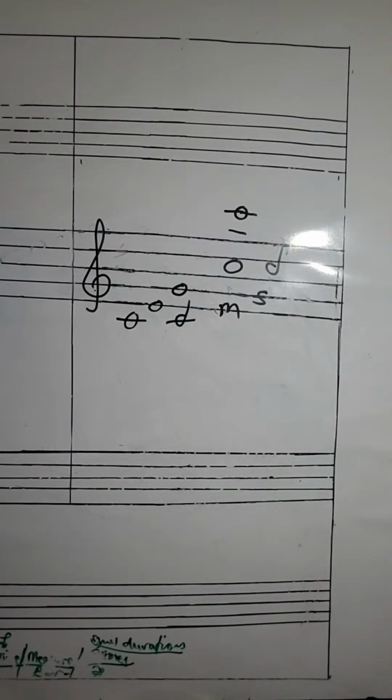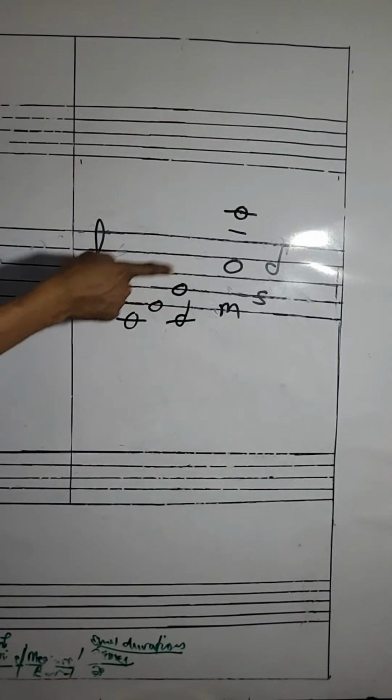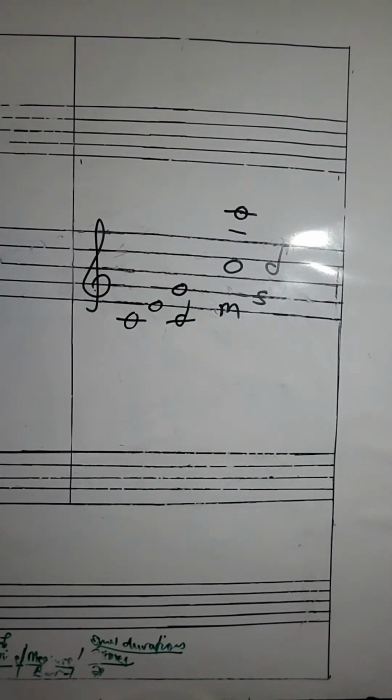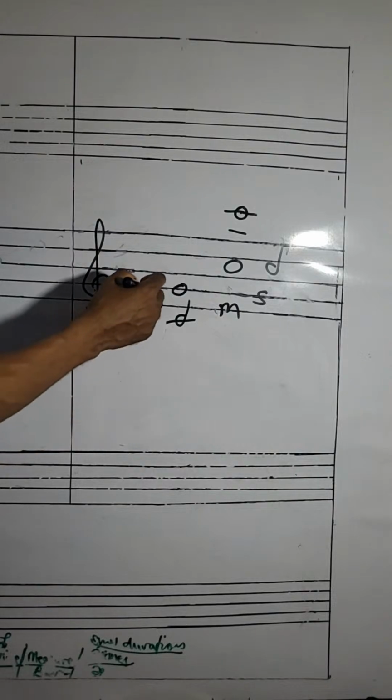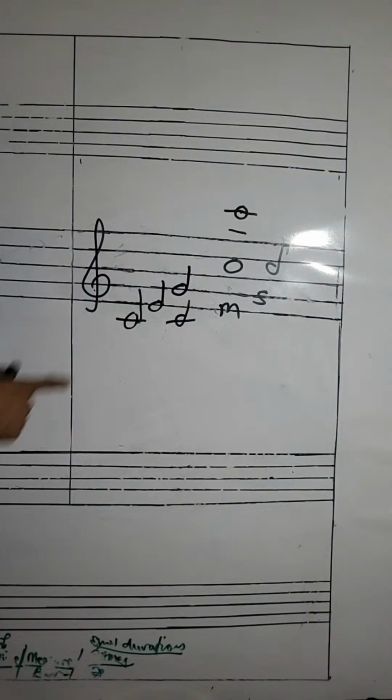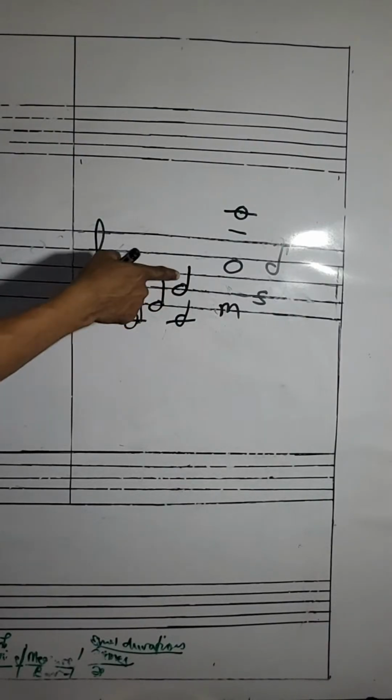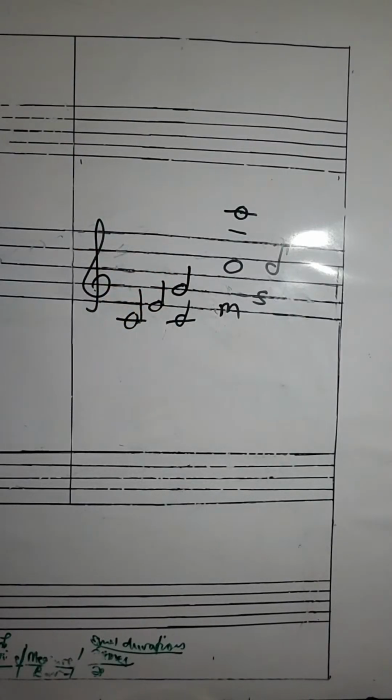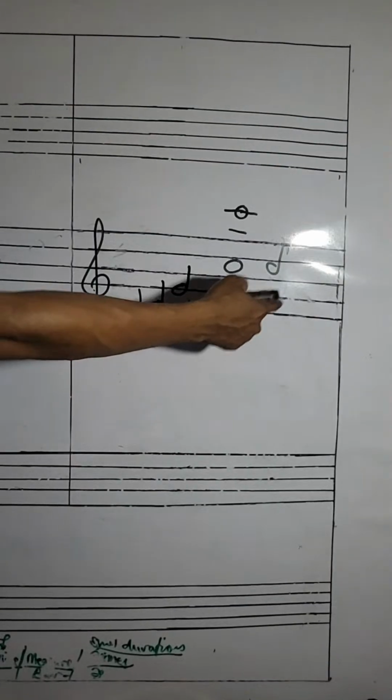Repeat after me. Do, mi, so. So when you see a note placed here, you should be able to know that it is your do. Mi is on the first line, and the so is on your third line. That is just what we've done in the solfa here.